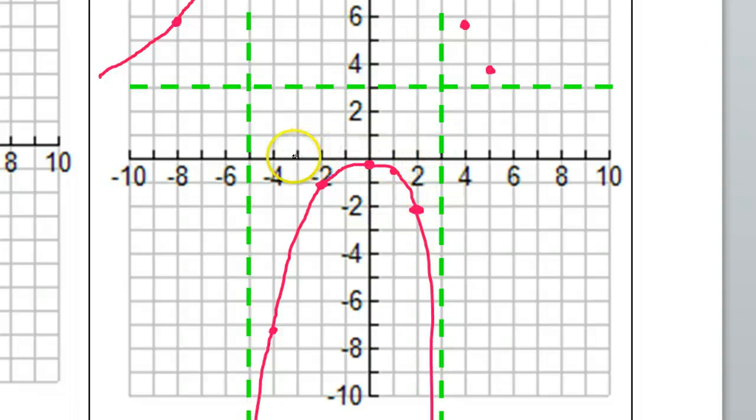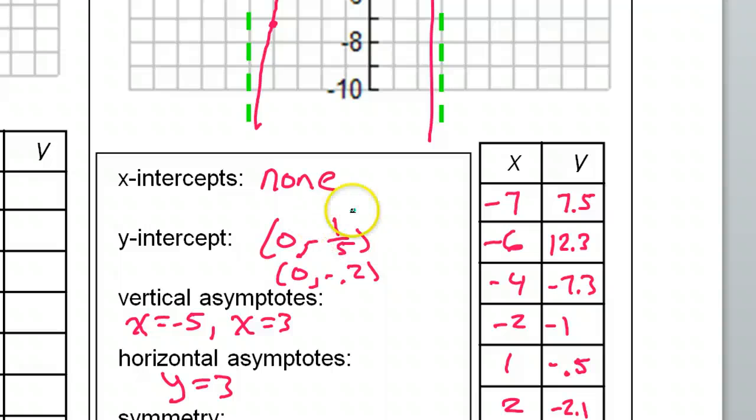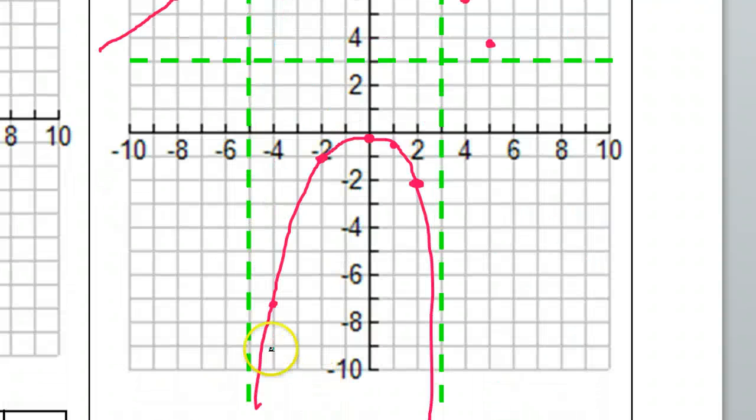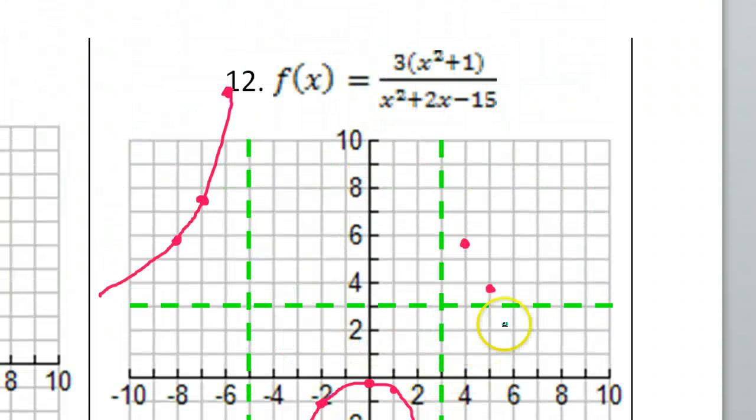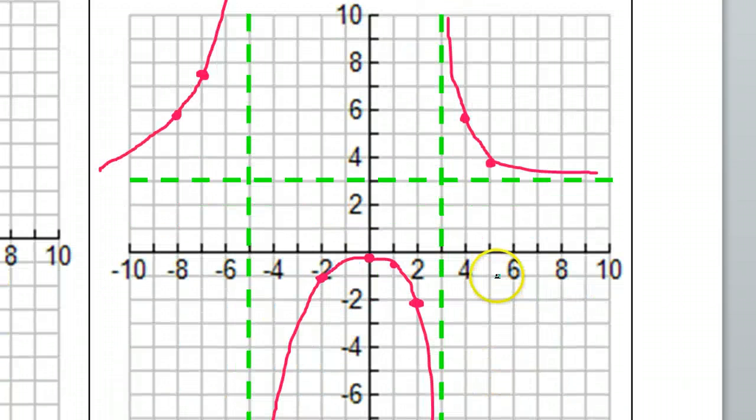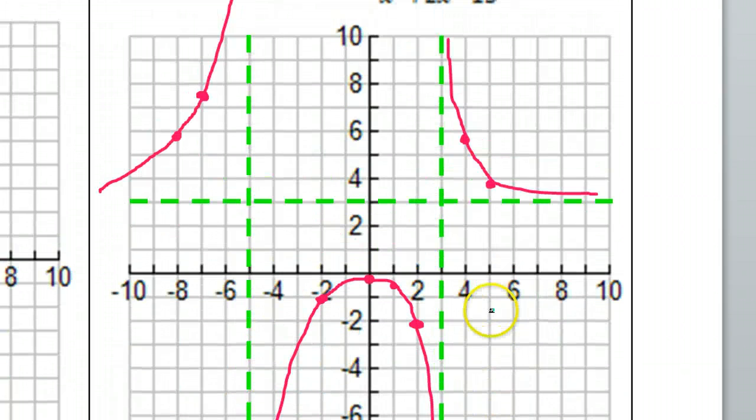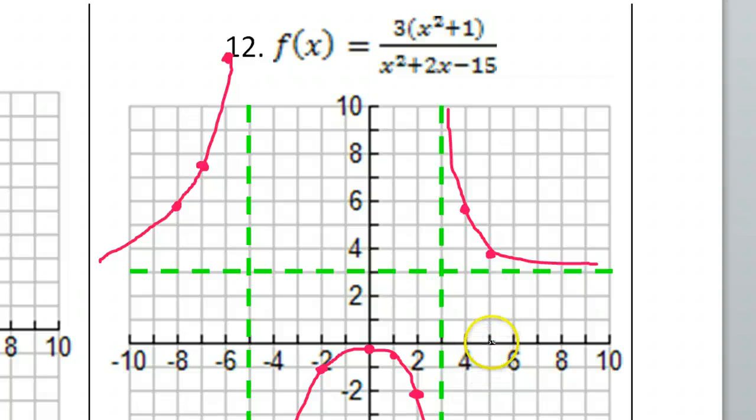So notice no x-intercepts, so that's why we were getting imaginary numbers. Okay, so it looks like we were right. And then these 2 points in here must be doing this type of thing. Okay, and that's it. So your graph for number 12 should look very much like this.